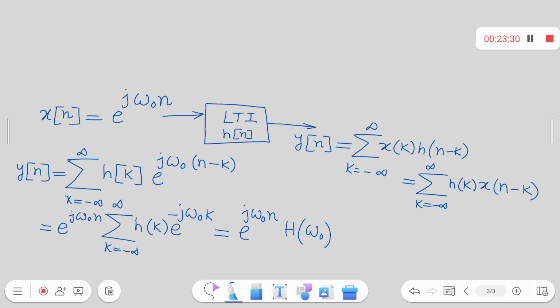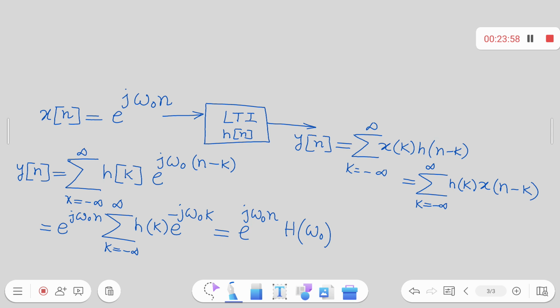Okay. Any doubt? Okay. So, what have we observed? We have got one e to the power j omega naught t. Let us come back once again to the continuous time case, e to the power j omega naught t, capital omega naught, right?